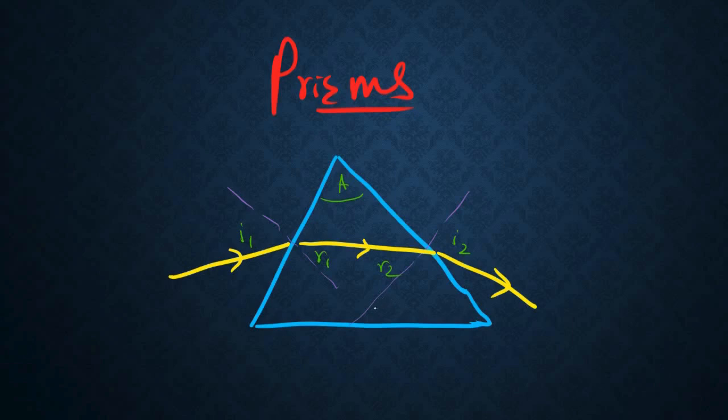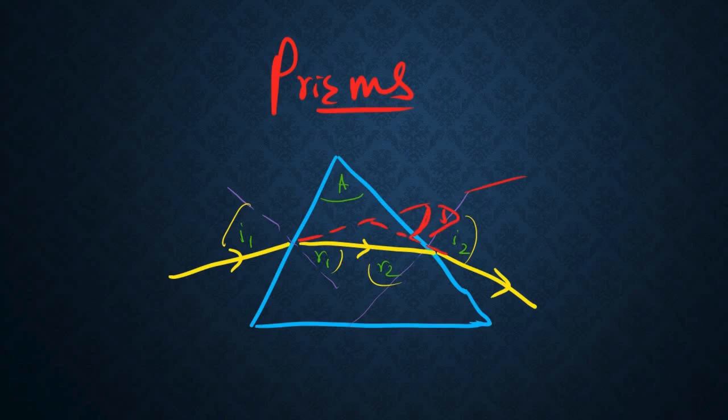Moving into the last part, prisms. Third part, refraction through prisms. Basically you should know these angles: I1, R1, R2 and I2. Of course we have something like this. The ray was moving in this direction, but finally it was moving in this direction. So the deviation is this capital D, right?